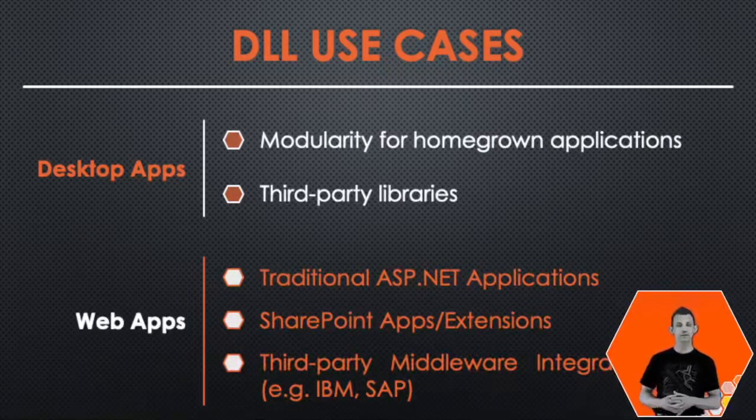So looking at desktop apps, one of the big benefits of DLLs, and in the .NET environment, DLLs of course still exist, but they are referred to as assemblies. One of the big uses for desktop apps is the modularity for homegrown applications, the whole PDF viewer and modification library story that we talked about a minute ago.